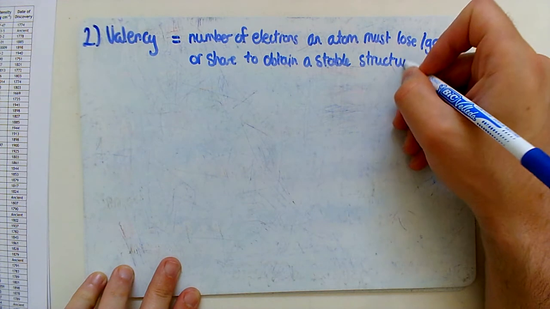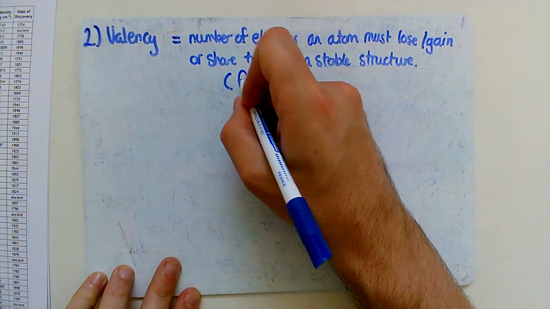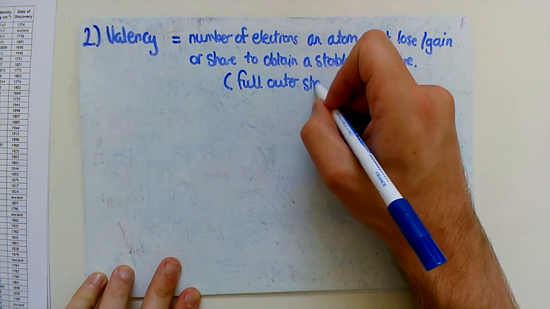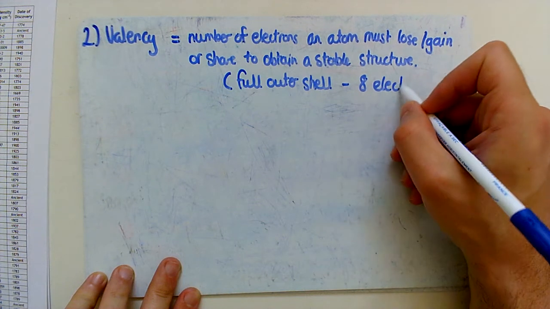And that's a stable electron structure, and that's usually a full outer shell, which is 8 electrons.